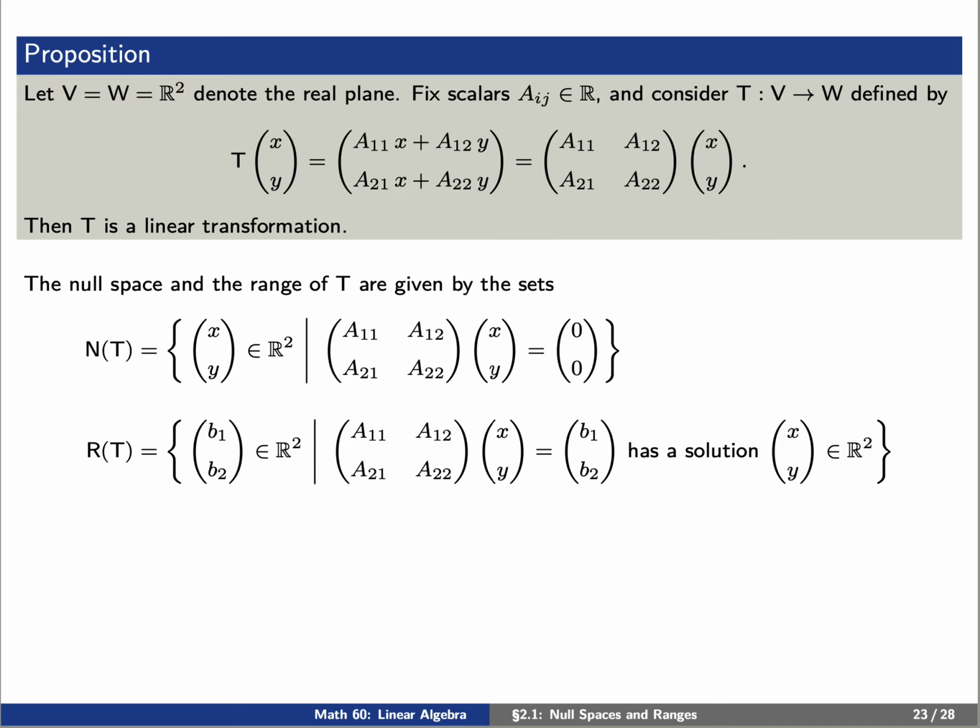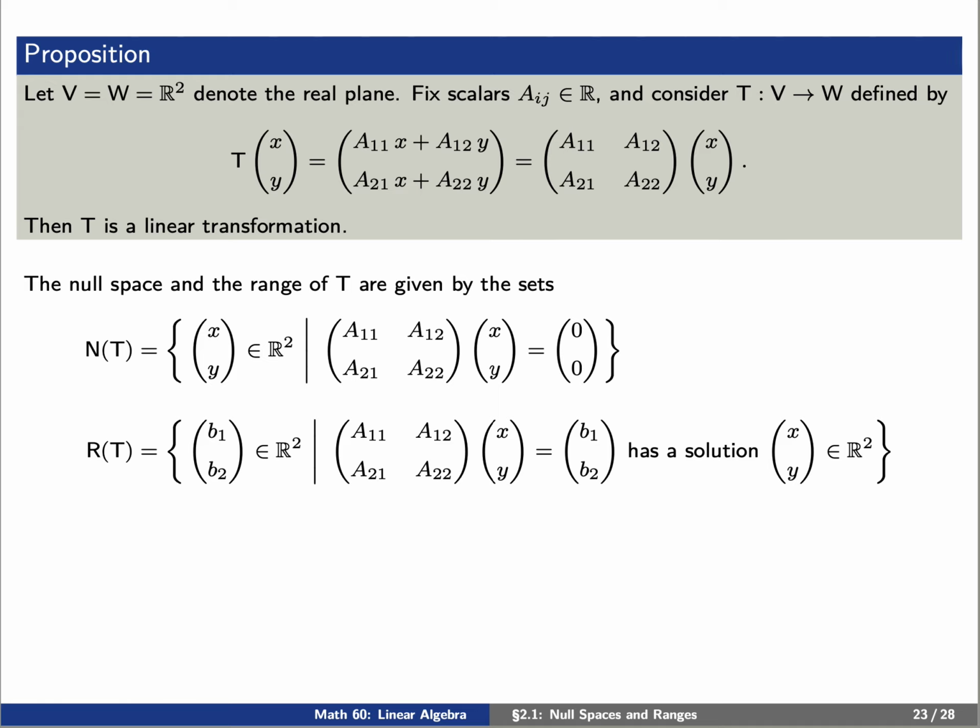The null space and the range are given by the following two sets. The null space is the set of vectors (x, y) in the real plane such that the transformation sends this to the 0 vector in R2, and the range consists of those vectors (b1, b2) such that T of (x, y) equals (b1, b2) for some (x, y) in R2.